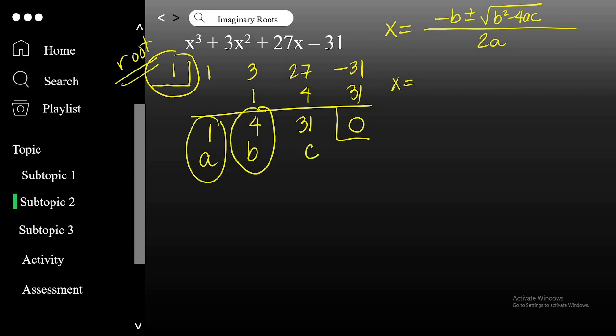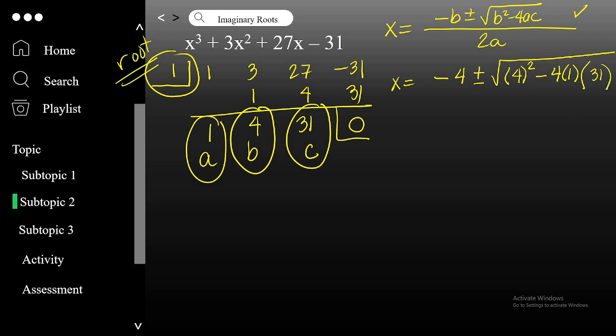Substituting these values, we will have negative 4 plus minus the square root of 4 squared minus 4 times 1 times 31, all over 2 times 1.